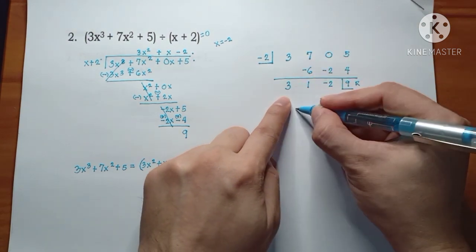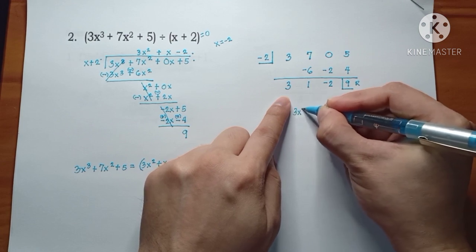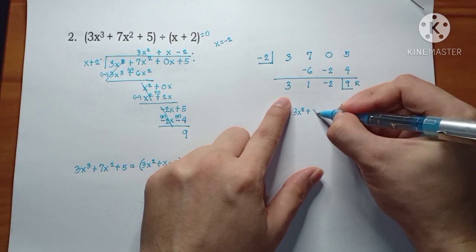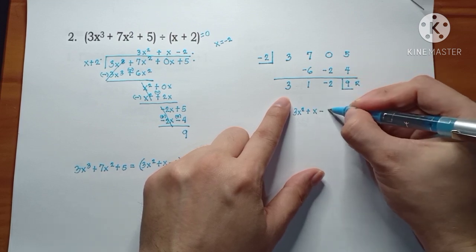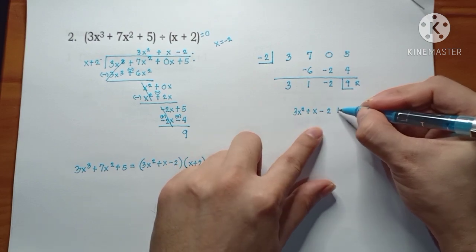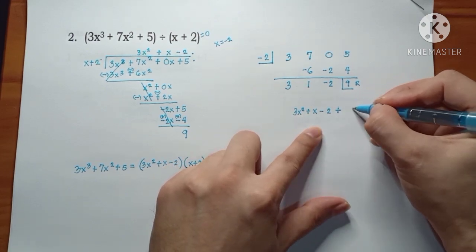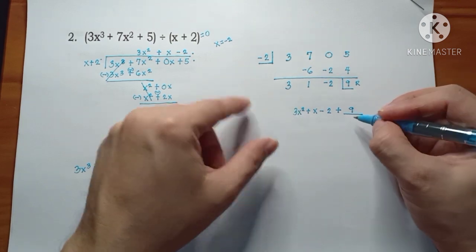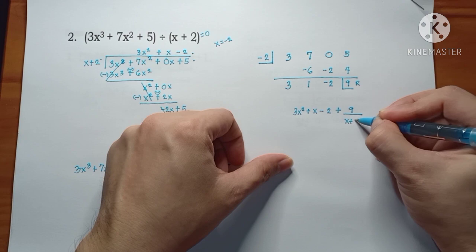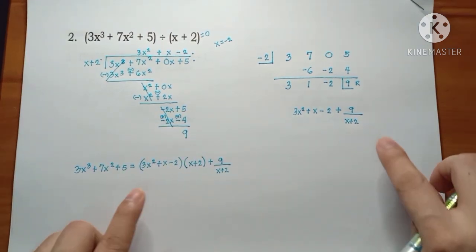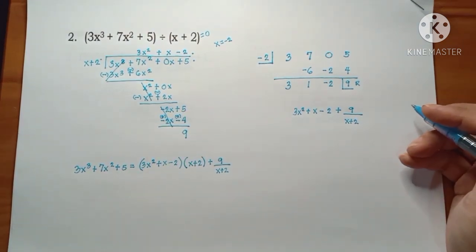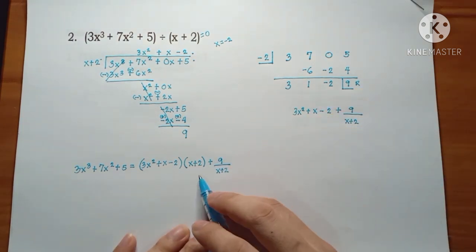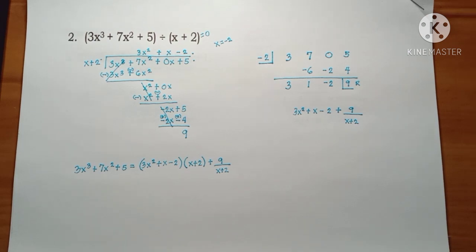So, sulat natin siya as 3x squared, then ito yung may x, so plus, huwag natin ilagay na yung 1, so x na lang, then the constant, minus 2, and then plus 9 all over ang kanyang divisor ay x plus 2. So, yan ang ating answer. So, kung mapansin nyo, pareho lang siya dito. Pero, hindi ko na sinulat yung kanyang divisor. Okay? So, ganun lang.